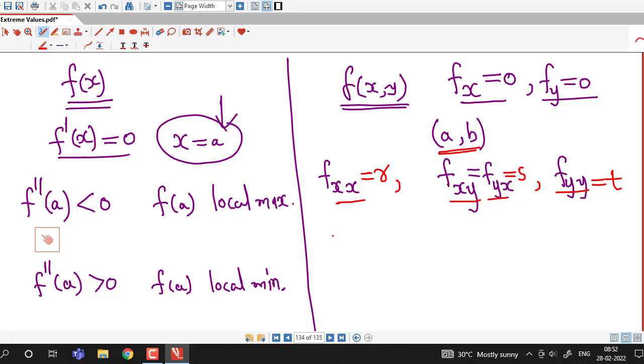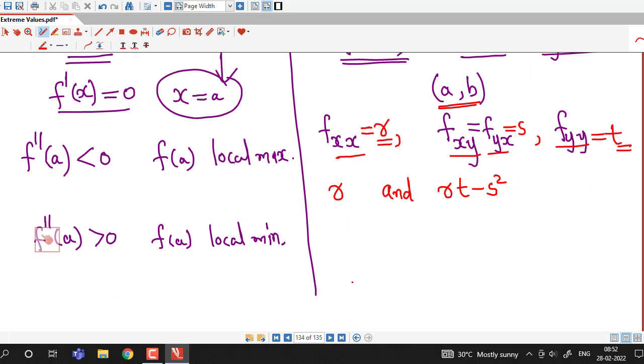After this we will obtain the value of r and this quantity rt minus s square. There are three possibilities for this r and rt minus s square.